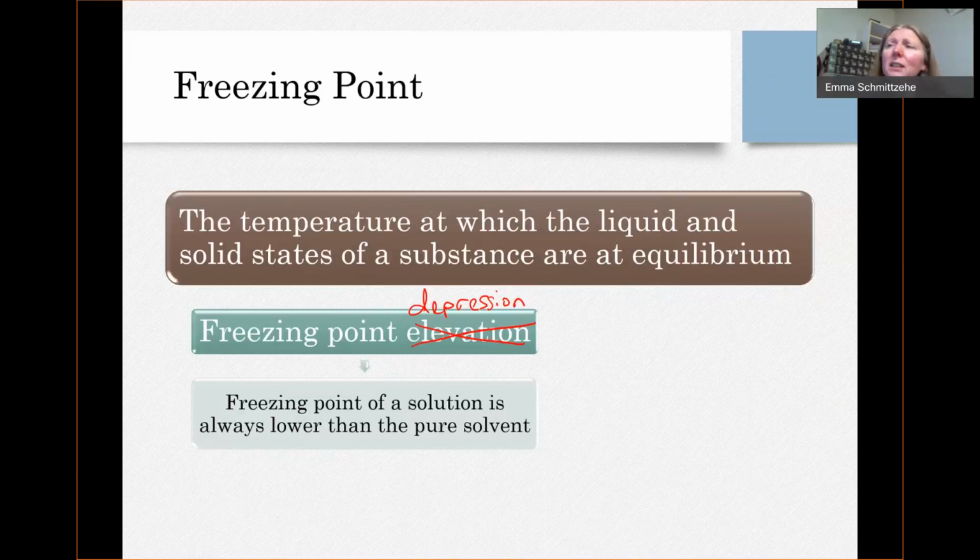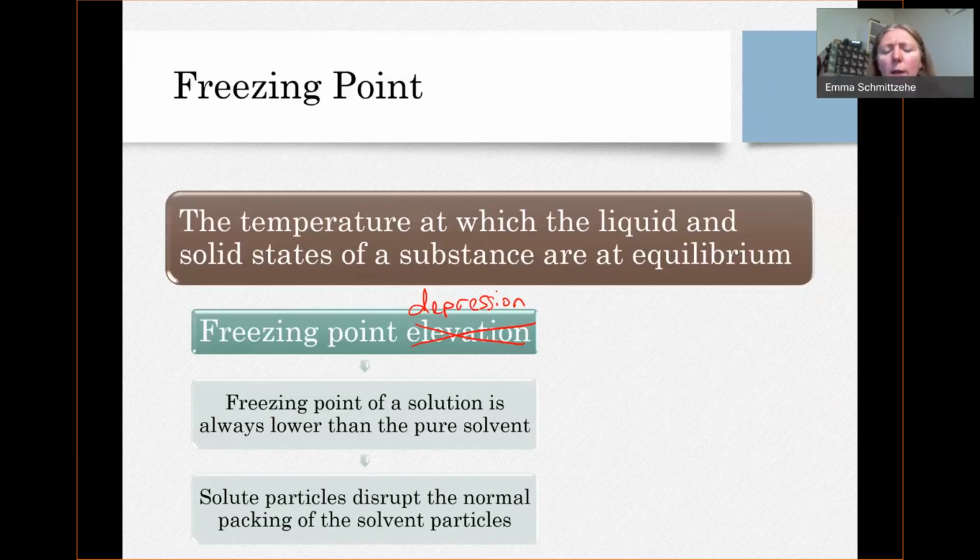Now, the reason it depresses, you can actually tie that to the boiling point and the vapor pressure, but that's a little more confusing of an explanation. And so I think the best way to think about it is essentially you're throwing these solute particles in, and in order for something to freeze or go into the solid state, all of these particles need to line up just so. Okay, so in the solid phase, things line up in this very nice ordered arrangement.